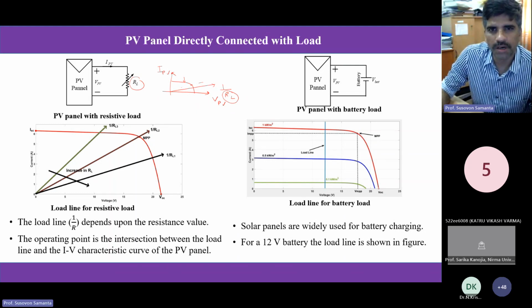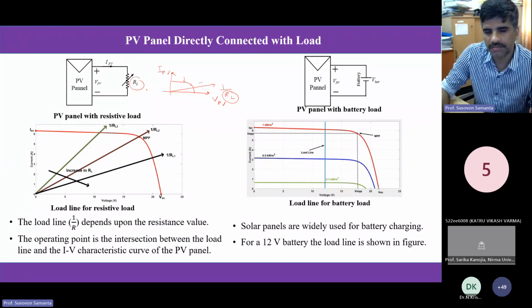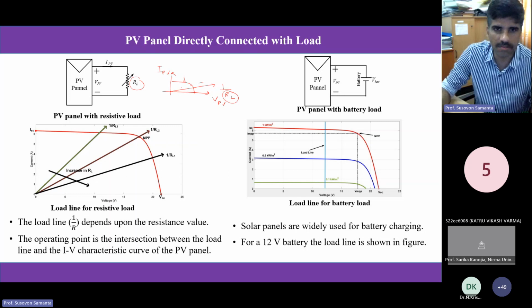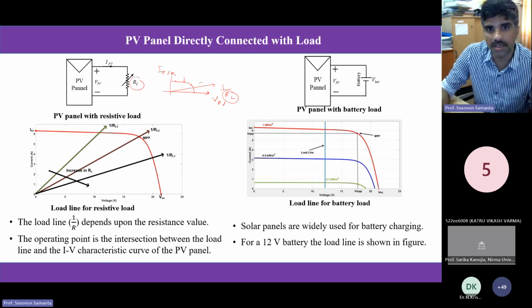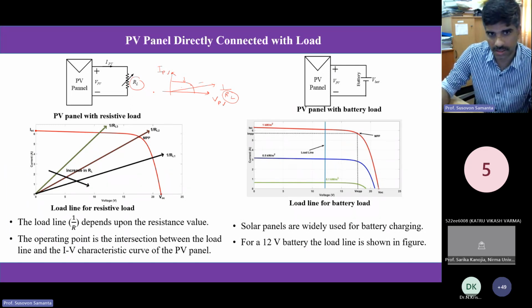So if I have a load resistance which crosses exactly at this point, then you can extract the maximum power. But again, the problem is that when there is a change in irradiation, this IV curve will also change and your MPP will shift. So you have to change the load resistance again.